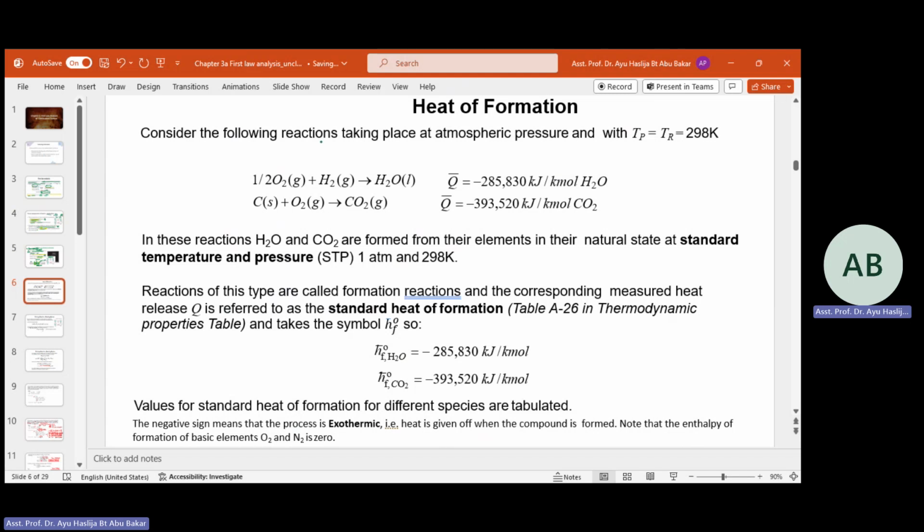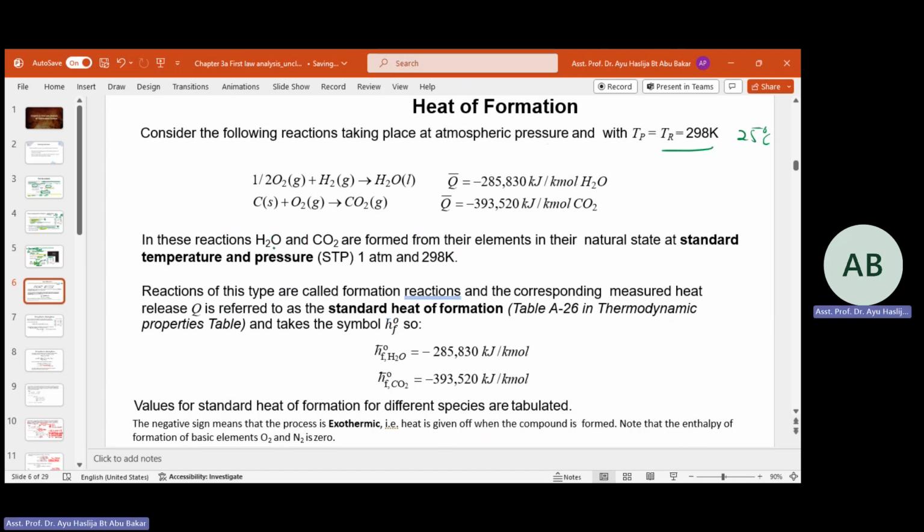Okay, consider the following reaction taking place at atmospheric pressure, 298K, equivalent to 25 degrees. This one is the formation of water, H2O, in liquid form, where it involves a reaction between O2 plus H2, and CO2, C plus O2.